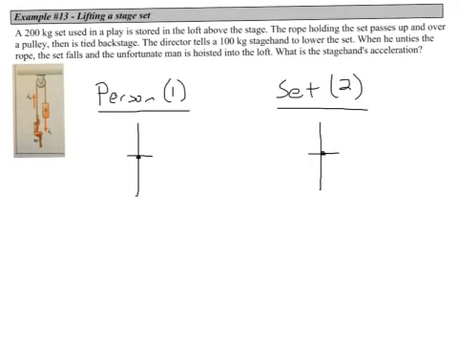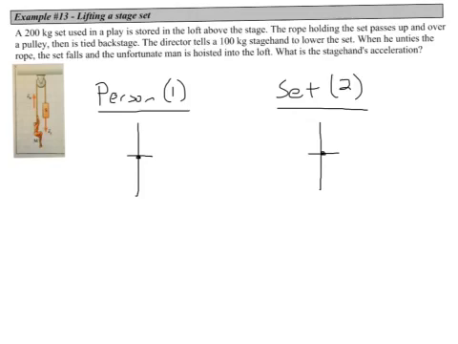Okay, so to begin with this, like we'll do with any force problem, we start with free body diagrams. What we'll do is draw a free body diagram for each object individually. So we've got the person, which I'm going to call object 1, and we've got the set, which I'm going to call object 2.